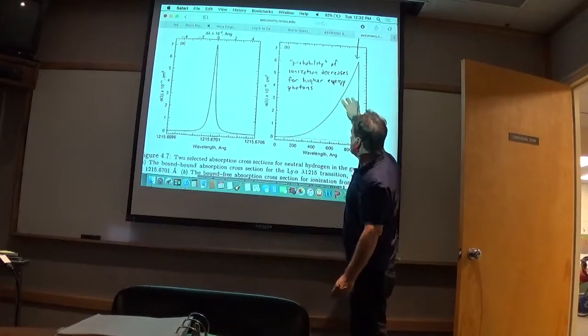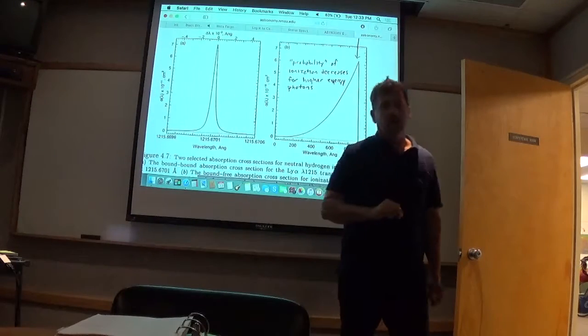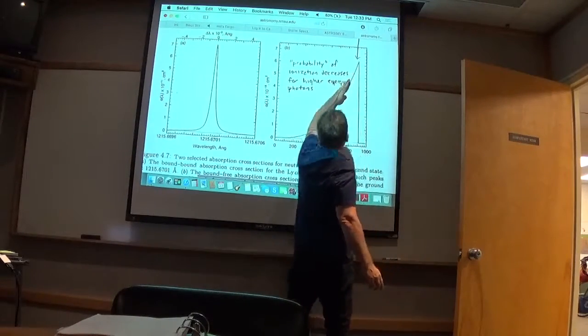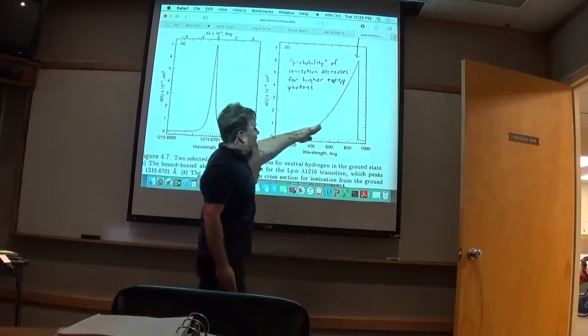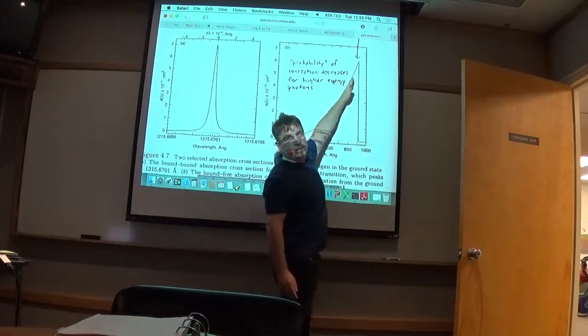And it goes down basically almost as the cube of frequency. This curve is actually a lambda cubed, or a frequency to the -3, or a lambda to the 3rd power. You can see it there.